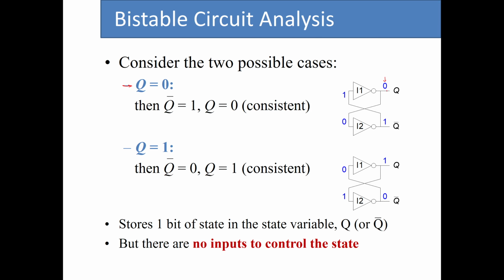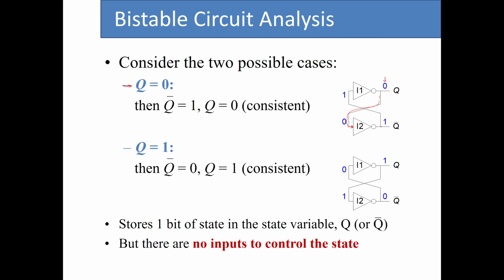So we have Q at 0. The same Q is being delivered to I2 as input, so the output of I2, or Q bar, is going to be the complement of 0, which is 1. Basically we followed this path from Q to the input of I2, and then we created Q bar.